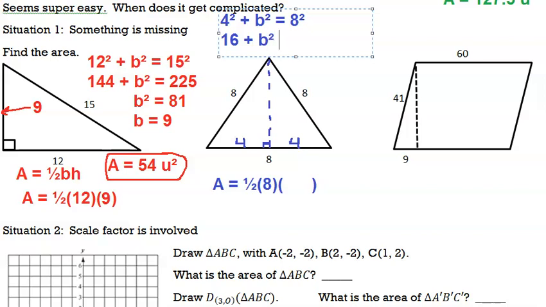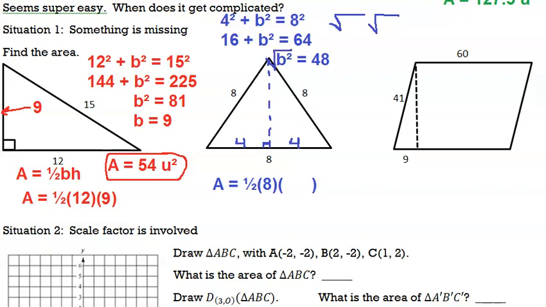Now, the one thing you're going to notice as you get through this problem, and it's going to be a little bit more annoying than the other one, 48 is not a perfect square, which means we're going to have to kind of break down that 48 into a couple of different pieces. So again, we want to know what b is.